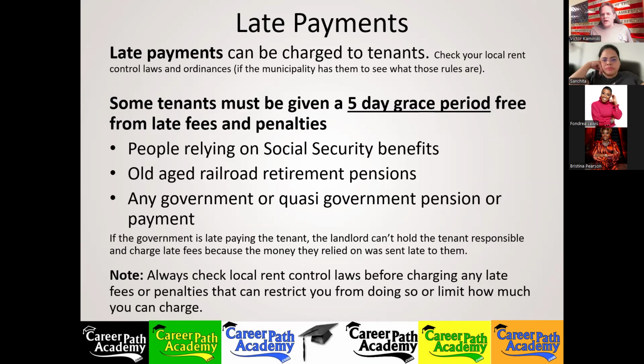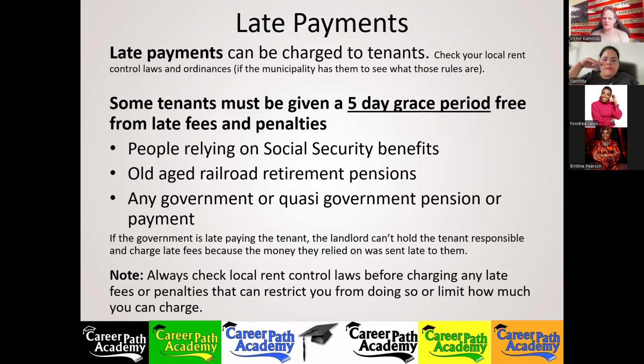If you are relying on the government to pay you, and that is the money you're using to pay the rent, then the landlords can't hold you responsible for paying the rent late because you're relying on the government's payment.